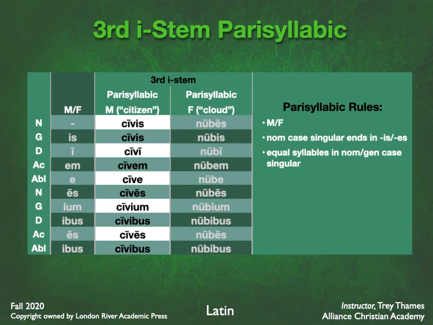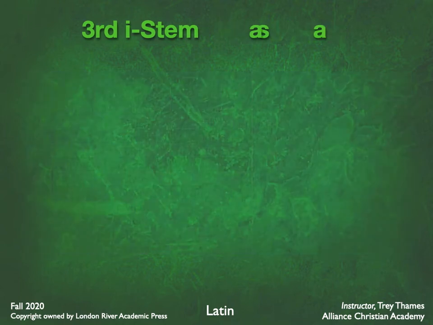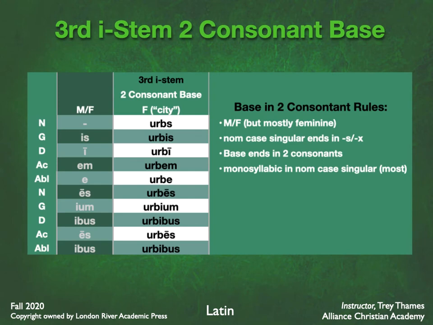Nubes is another example, but it's feminine. There are some that are a two consonant base, and here are the rules for that. Has to be masculine or feminine, but mostly feminine. The nominative has to end in an s or an x, so urbs ends in an s, so it fits. Base has to end in two consonants, so if you take off the genitive endings in urbis, then your stem is urb, and that's two consonants.